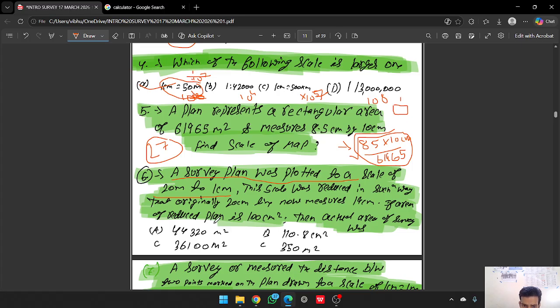If the area of reduced plan is 100 centimeter, a survey plan was plotted to a scale of 20 meter to 1 centimeter. This is the survey plan.